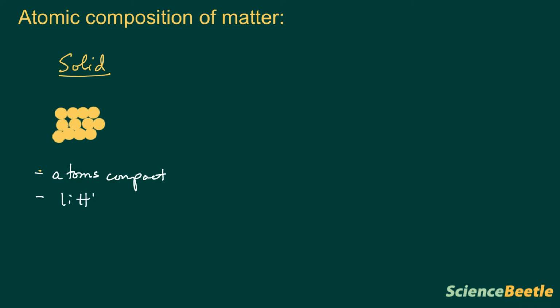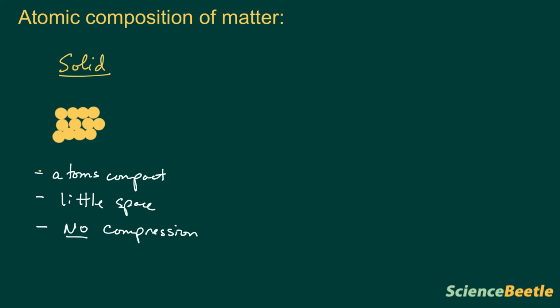In other words, there is little space between the atoms. And so the atoms are not able to move very much. And since there's very little space, if I were to put this into a container and try to compress it, there's going to be very little to no compression. So we'll just say no compression. This is for the solid.